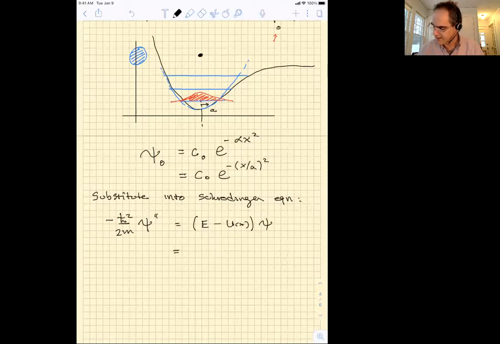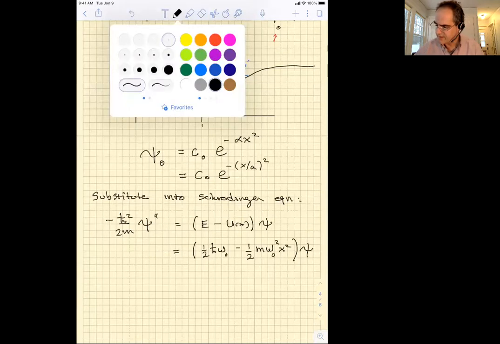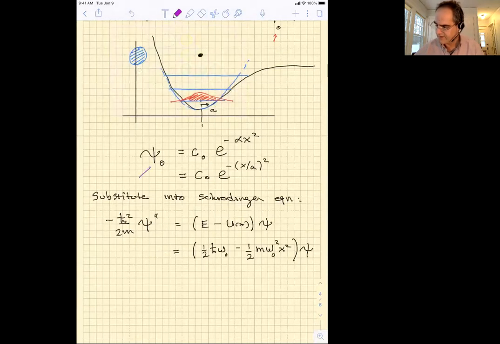And we know what the energy here is. This is the energy of the lowest state, which is 1/2 h bar omega naught. And we also know what the potential energy is. It's 1/2 m omega naught squared times x squared. There we are. And now we have an equation for the wave function, and we just need to substitute this in order to do our problem.